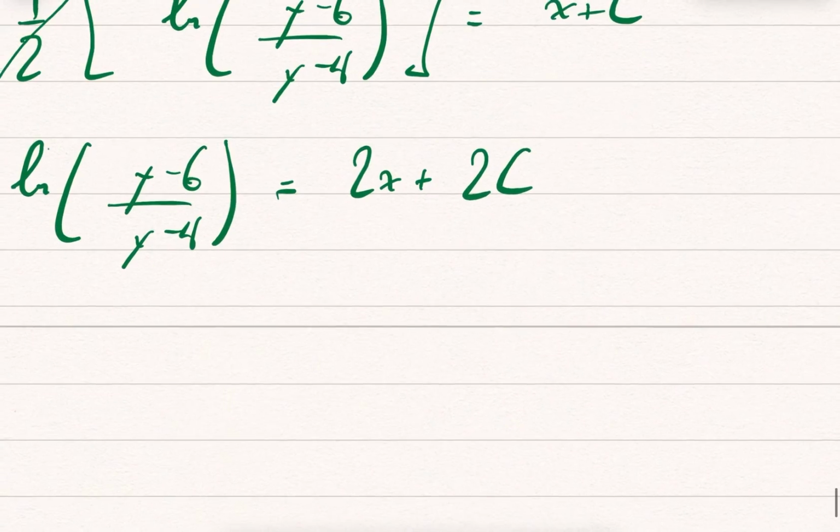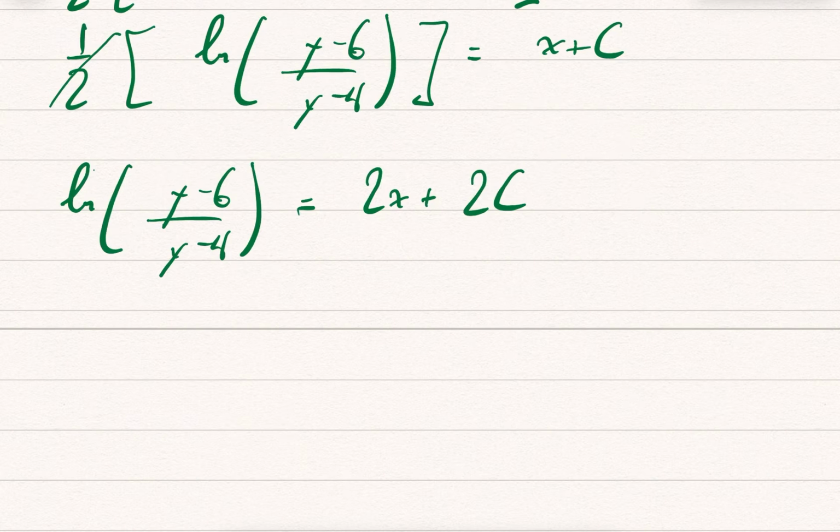So you'll notice your C and your actual Y are in different places. By that I mean, if I want to isolate for Y, which I do, that's the whole purpose of solving the initial value problem, I'm going to have to put that C to the power of E, like e to the power of 2x plus 2c. Okay, cool.